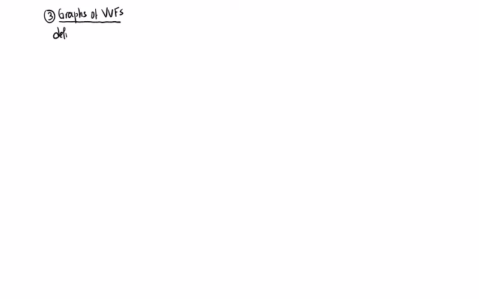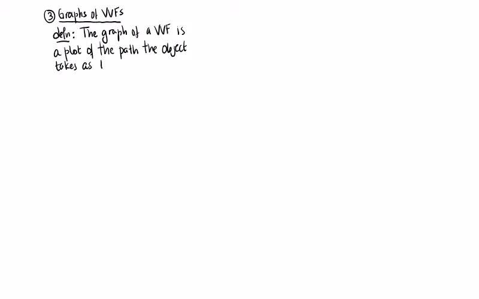So definition. This is why it's good to think of a vector valued function as giving you the location of an object. Informally, we can think of the graph of a vector valued function as a plot of the path, or the route if you like, the object takes as t covers its domain.